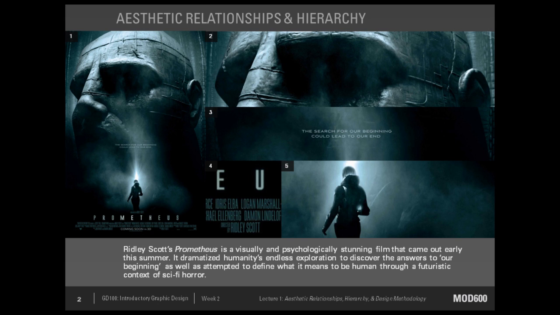If you look at typographic micro aesthetics, you can look at figure 4. So that E, U, from the title Prometheus, if you notice, it has an expanded tracking. So there's a significant gap between the letters. And if you look at figure 1, at the whole title, Prometheus, there's significant tracking throughout the whole thing.